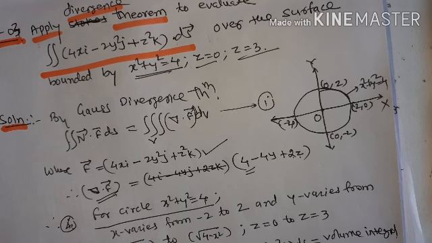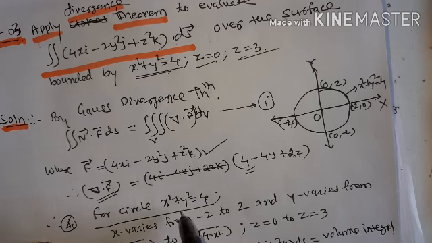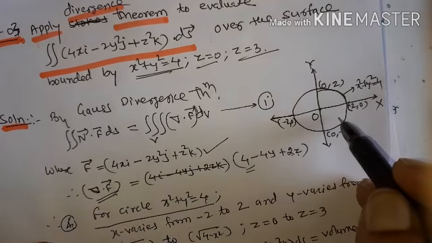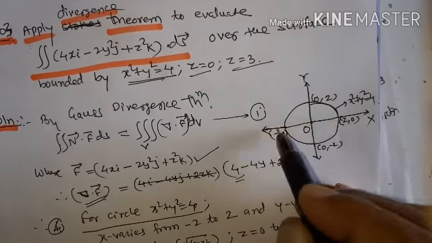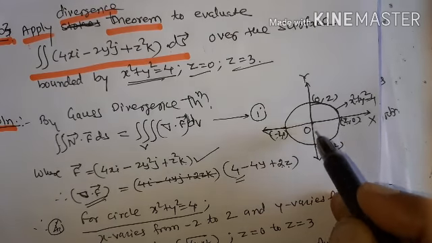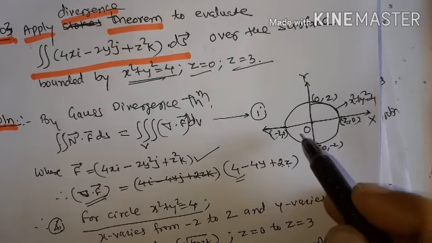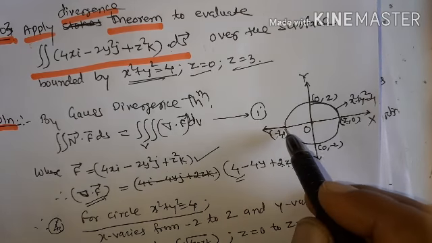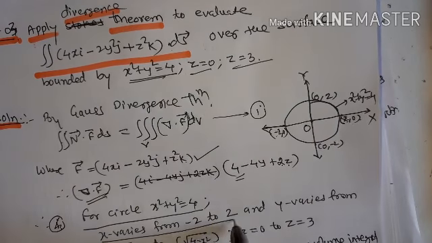Here for this circle, if you look at this figure, these are points on the x-axis, minus 2, 0 and 2, 0, because this circle has its center at the origin and radius 2. So along the x-axis, x varies from minus 2 to plus 2. These are the limits for x.